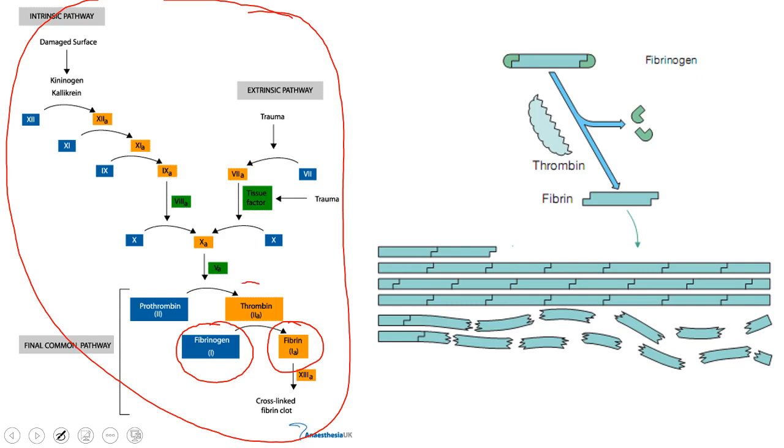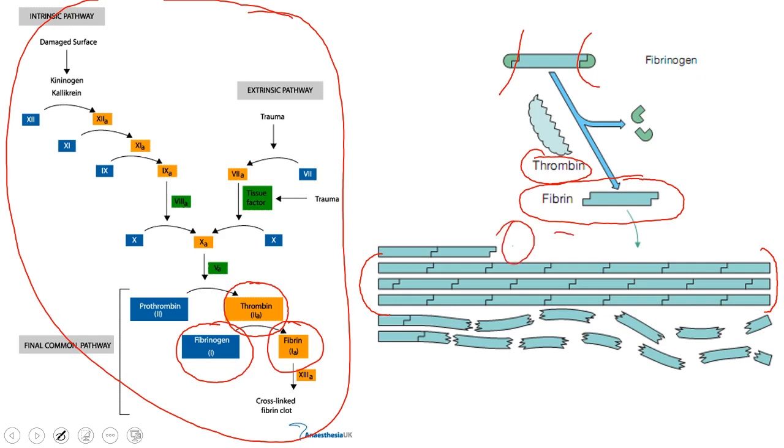And this conversion of fibrinogen to fibrin is mediated by thrombin. So thrombin cleaves the inactive components from fibrinogen, which results in the formation of active fibrin. And this fibrin forms the meshwork over which the platelets will start aggregating, and this results in the thrombus.